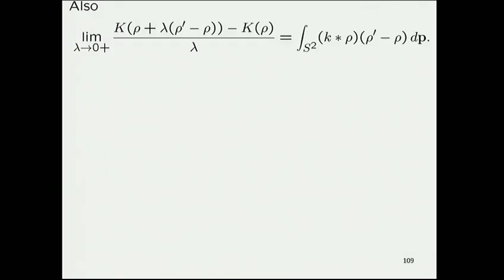And also, if you take the difference quotient in the K term, this is essentially the calculation I mentioned before. There's no difficulty in carrying out the limit as lambda goes to 0, and it is equal to K star rho of rho prime minus rho.